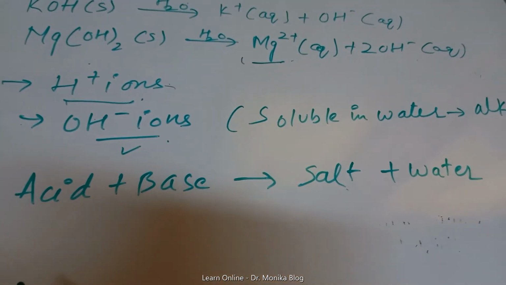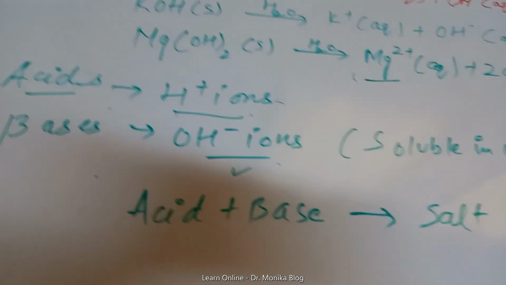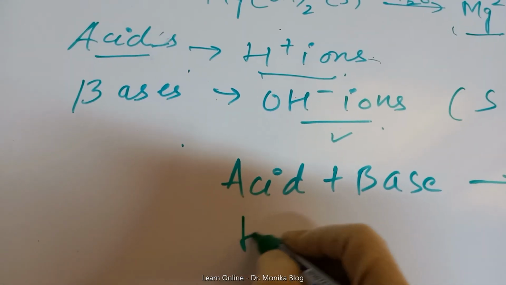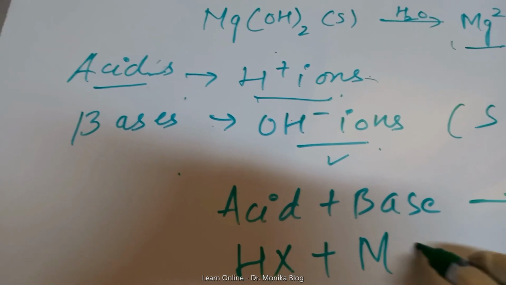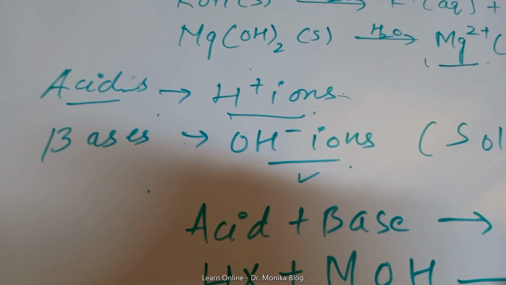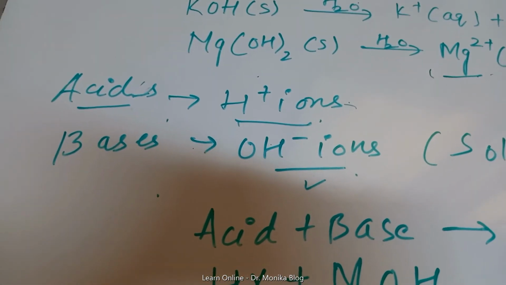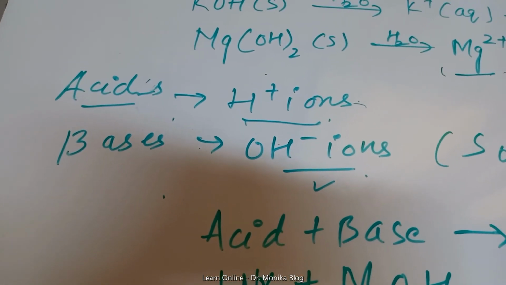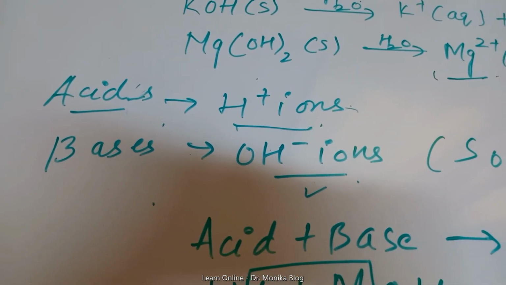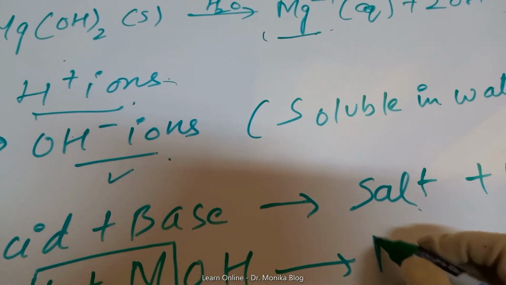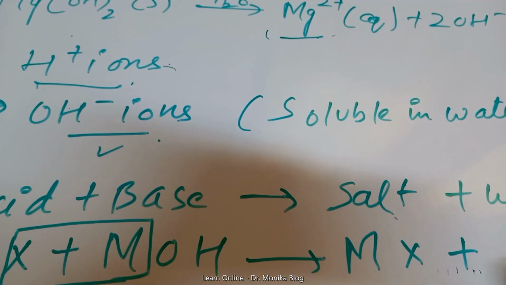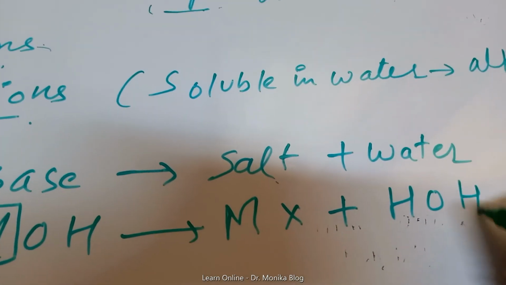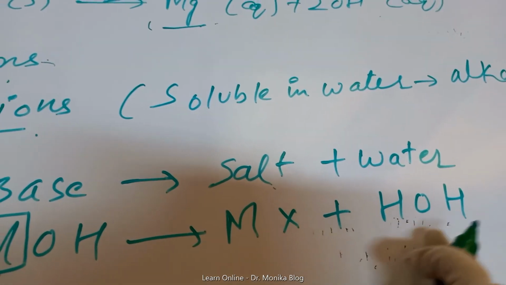It can also be written as HX plus MOH, acid plus base, forming salt MX plus HOH, that is H2O.